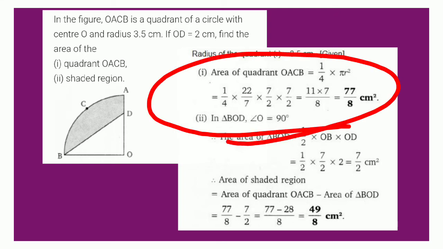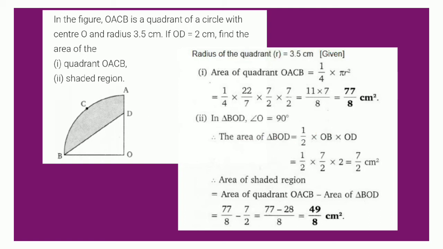Already we know the formula is 1 by 4 into pi r square. That's equal to 1 by 4 into 22 by 7 into 7 by 2 into 7 by 2. Okay. After the cancellation you will get 77 by 8 centimeter square. Then next we have to find the area of the shaded region. That's equal to area of the quadrant minus area of the triangle.